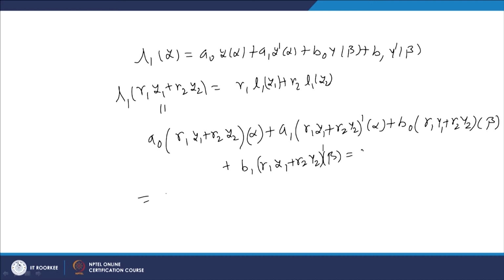So we can simplify and write it as R1 times a naught y1 alpha, which you can easily check.